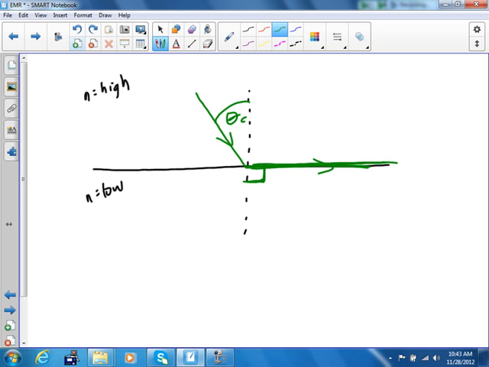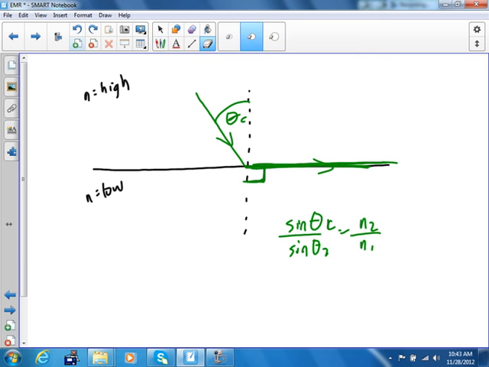What we want to do when we're solving for the critical angle is use Snell's law, sine theta 1 over sine theta 2 equals n2 over n1. But we're going to replace theta 1 with theta c, and we're going to replace theta 2 every single time with 90 degrees.